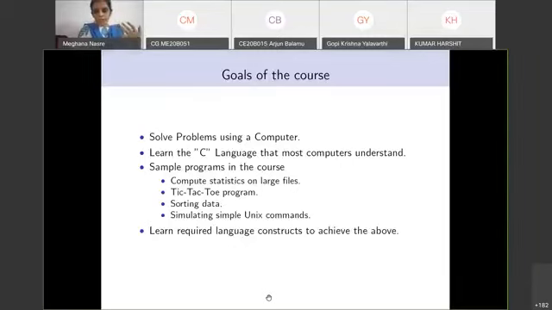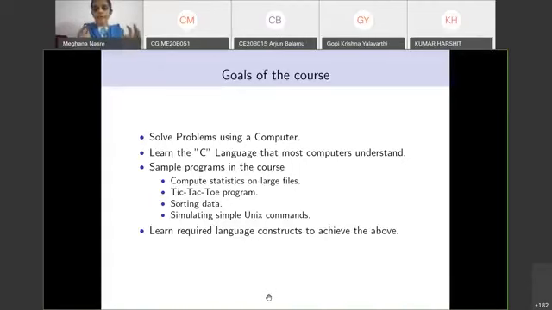You will, of course, learn very important and ever-pervasive sorting algorithms. Sorting is something we do every time, and the importance of sorting data cannot be overemphasized. We know the algorithms, but we need to communicate them to the computer. That is what we will learn. And then we'll also learn simulating simple Unix commands.